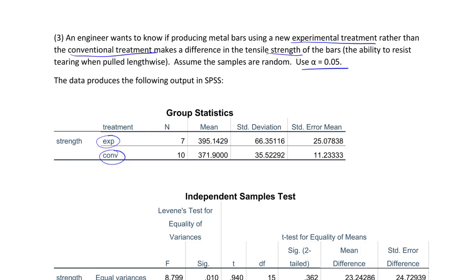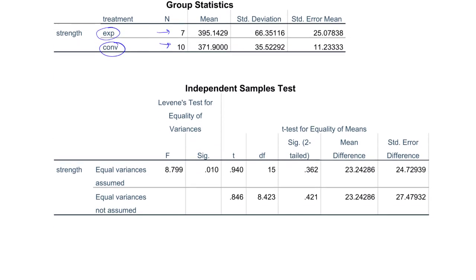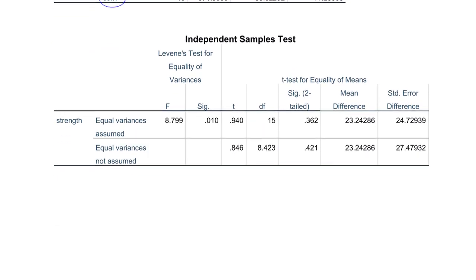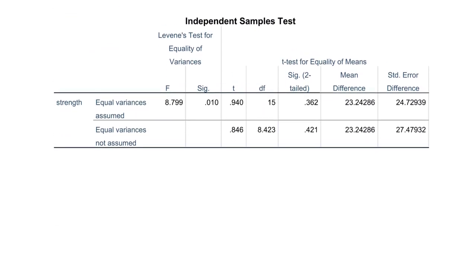These are independent samples. Well, they have to be, because we don't even have the same number, and plus there's no linkage between the two data sets. So what we want to do is go down here to the independent samples test information. I have two places, one for equal variance assumed and equal variance not assumed.